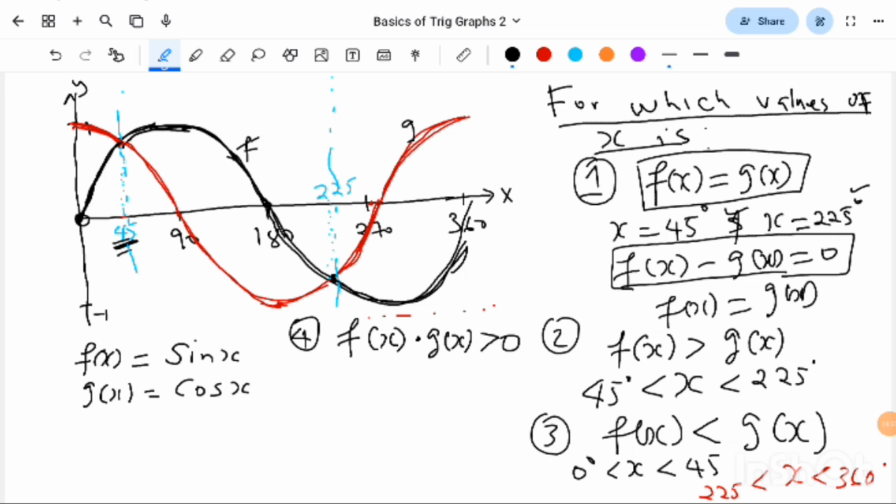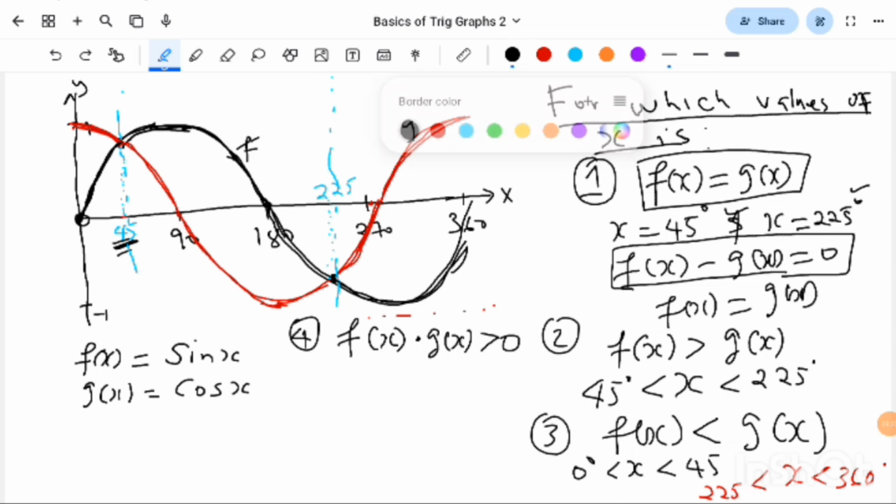Because remember, positive times positive is positive, which is greater than 0. Or negative times negative is positive, which is greater than 0. Okay? So they are asking us, where in our graph are the two graphs above the x-axis, or are the two graphs below the x-axis?